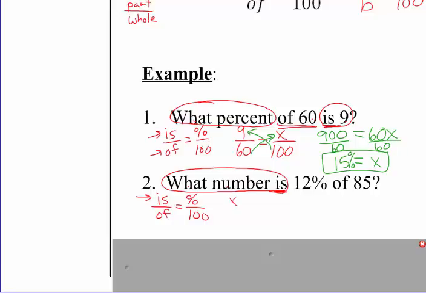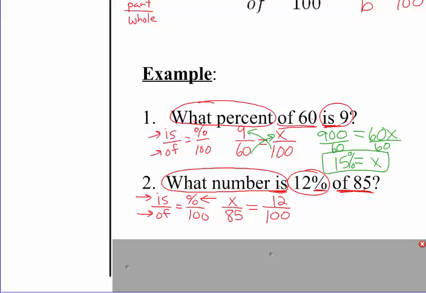So if I don't know it, I'm going to use an X. So the X is going to go on top. Of, okay, the of is right here, of 85, so that goes on bottom, equals my percent over 100. So the percent, there's that same symbol, that's 12%, so the 12 goes on top of the 100. Again, cross multiply and solve.